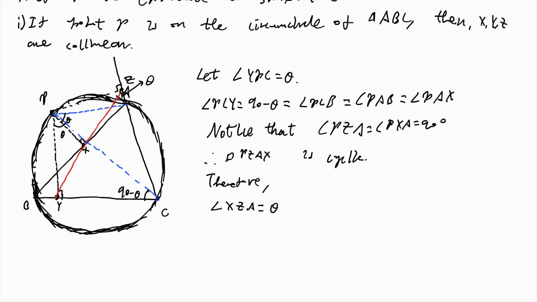XZA is theta, so we just need to prove that YZA, or AZY, or CZA. I mean CZY. Oh, we have P. I'm not sure if that's that useful here.